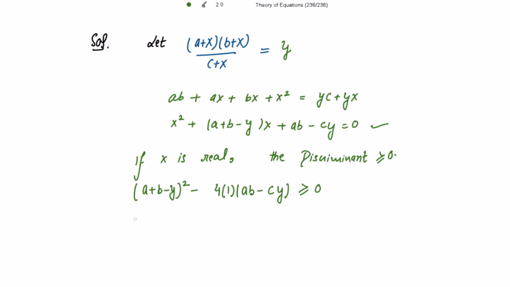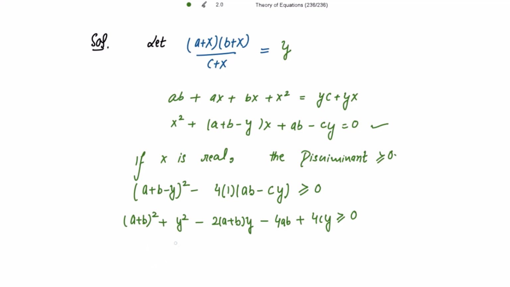So when we open this bracket, this becomes (a plus b) whole square plus y square minus twice of (a plus b) into y minus 4ab plus 4cy greater than or equal to 0.